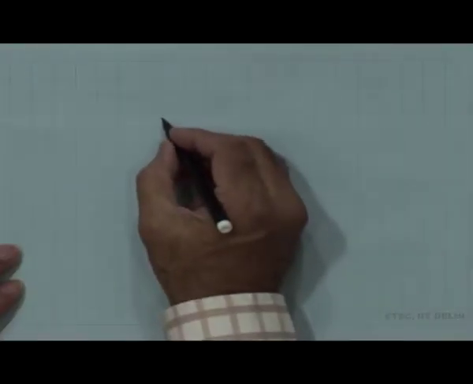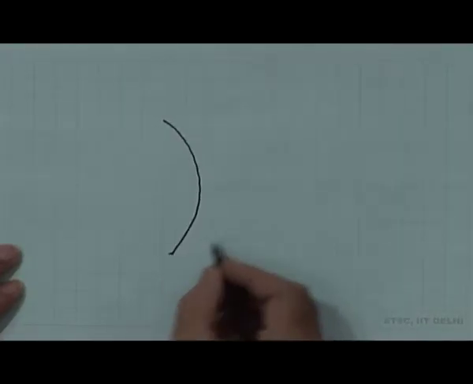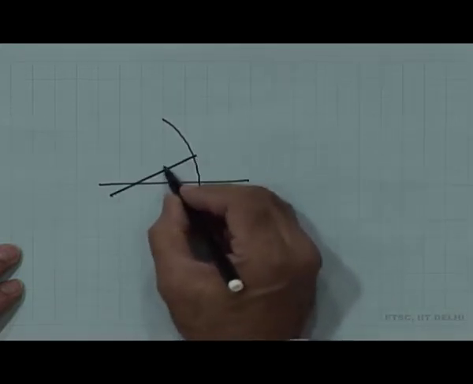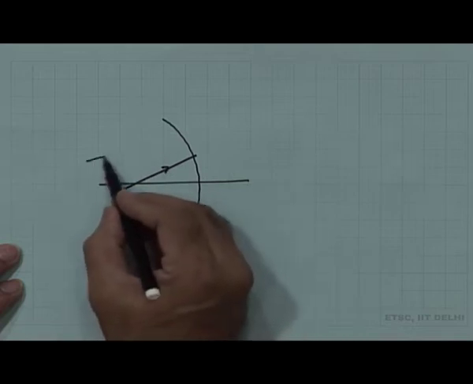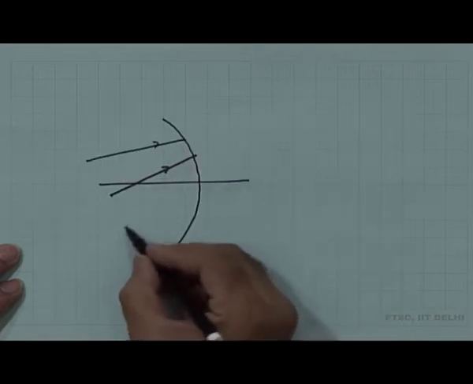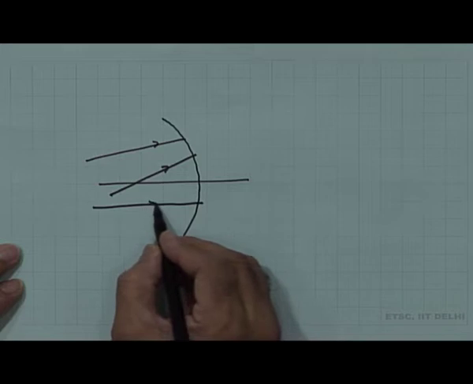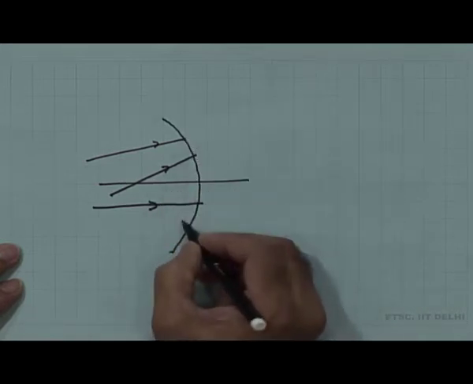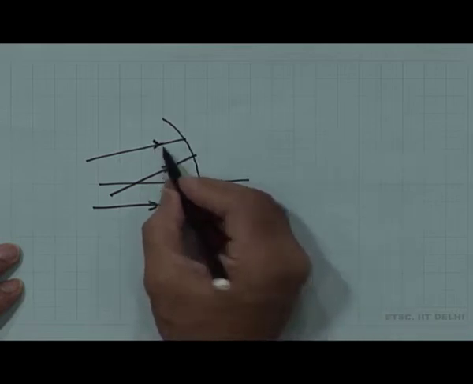So, every local point: if I have this as the surface, a ray could be incident like this, or like this, or like this. Whatever way it is incident, this point M is arbitrary.